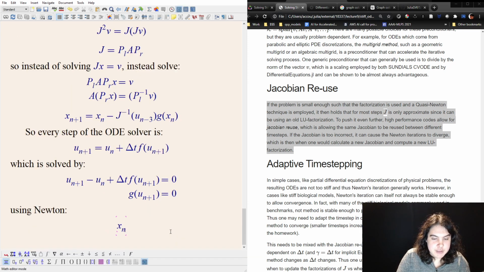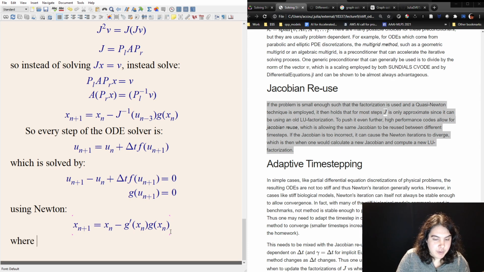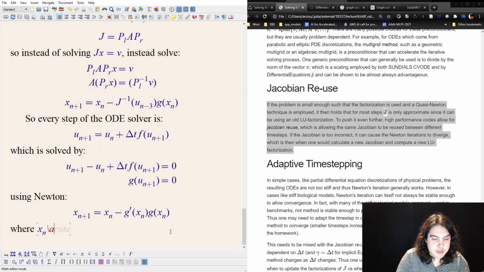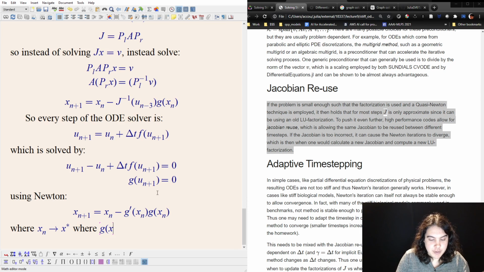So x_{n+1} equals x_n minus, let me call it g prime of x_n inverse, times g of x_n, where x_n converges to x star, where g of x star equals 0.